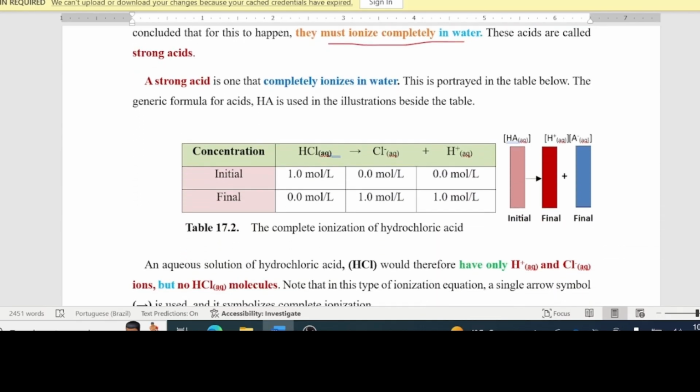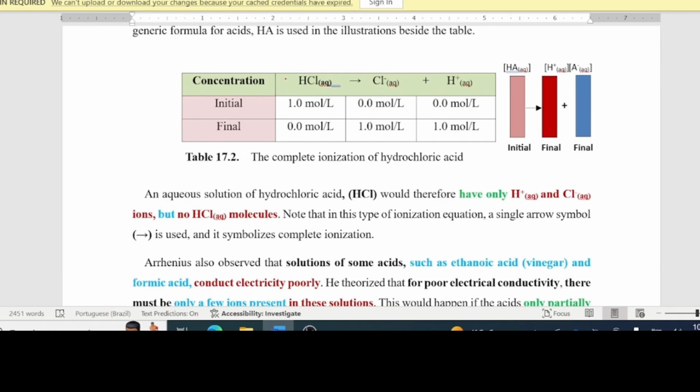So this is a little table showing you the initial concentration of HCl, hydrochloric acid. Initially, you don't have any ions, because it hasn't ionized. Finally, as it ionizes, you won't have any HCl molecules remaining, because they all ionize to give you chloride ions and hydrogen ions.